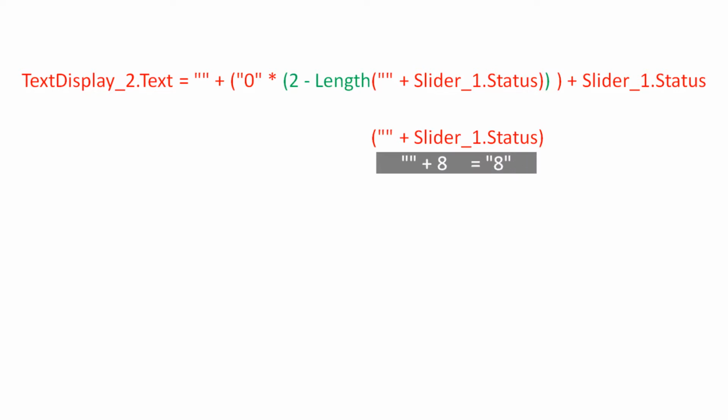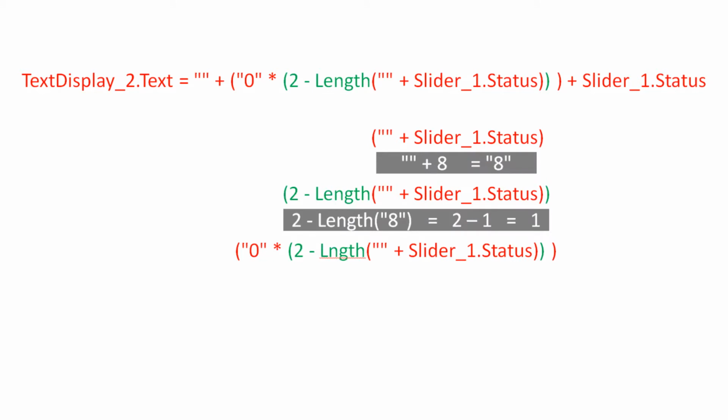It is our integer, so it's represented as an 8 without the quotes, and we're adding on to it at the beginning the null string. So the null string plus the integer results in a string representing the character of that number, which would be the string 8.